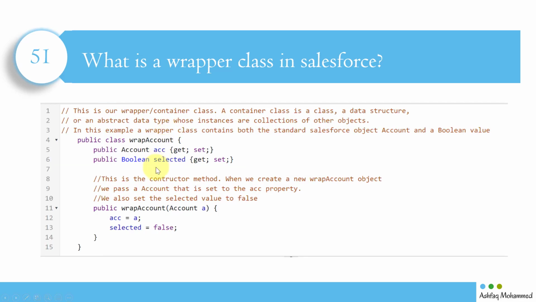So what we have to do over here is public Account acc {get; set;}. This gives me all the account fields, and I can declare one more variable, public Opportunity opp {get; set;}. Here in the wrapper I can pass both Account a, Opportunity o, and then set these in a constructor.